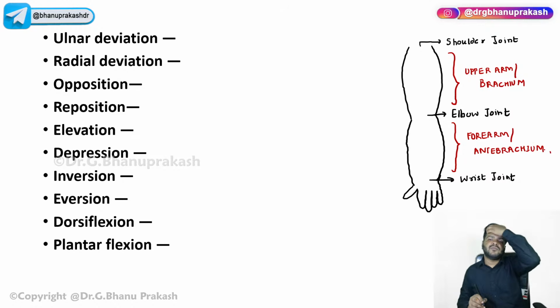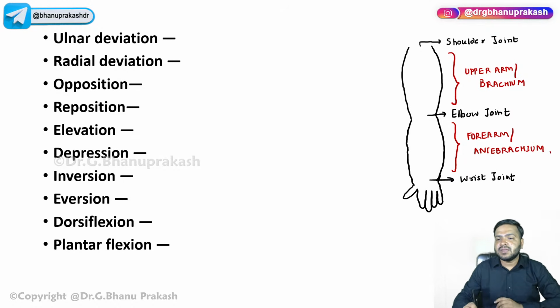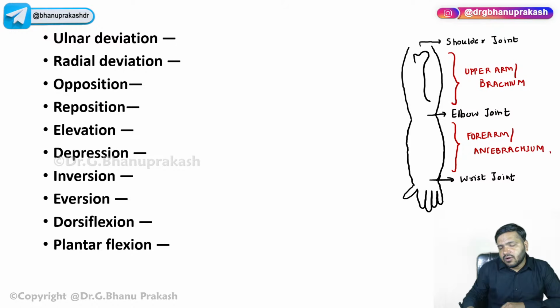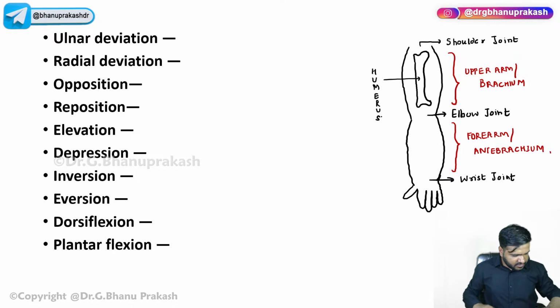In the arm region, only one single bone is present, and you already know the name of this bone. It is called the humerus, the funny bone.